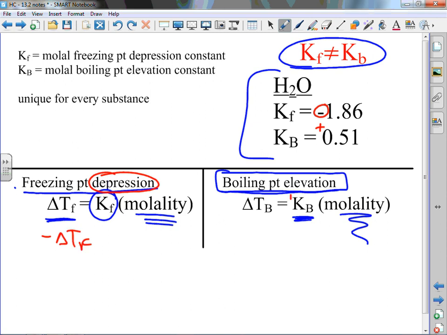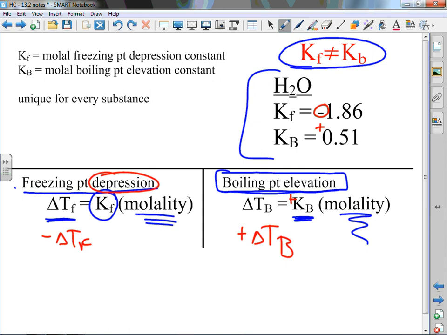Over here, Kb is positive, so delta T will be positive. That's what we're looking for in this calculation, a simple way to calculate the change at which the solution will increase or decrease its temperature.